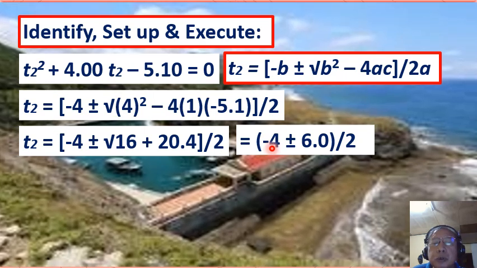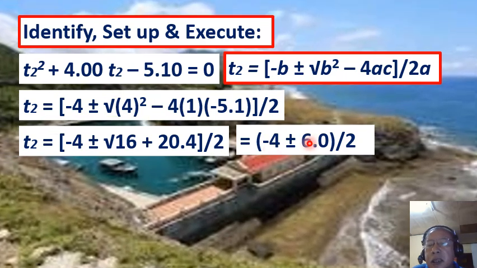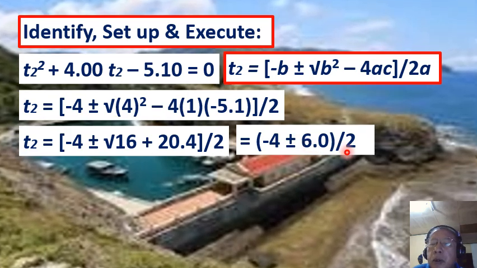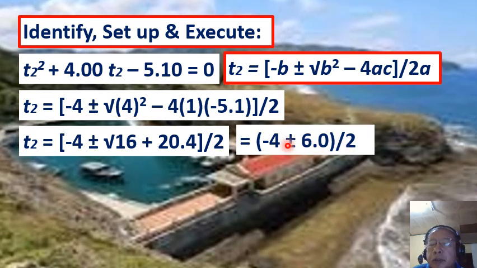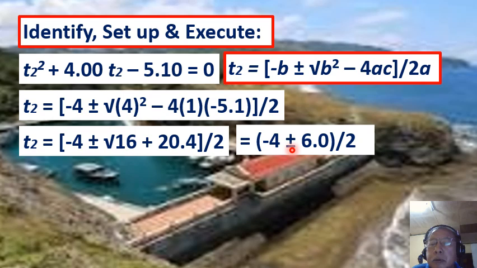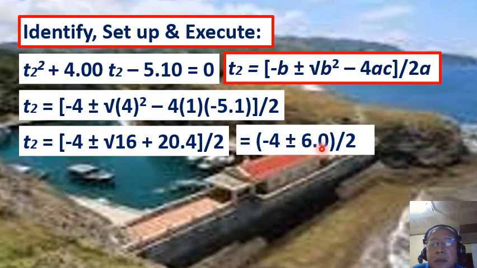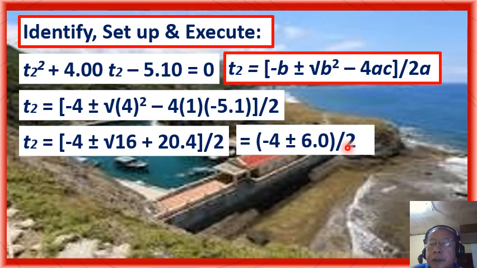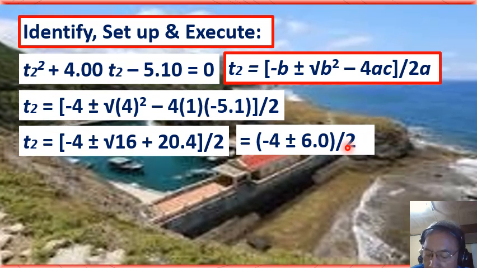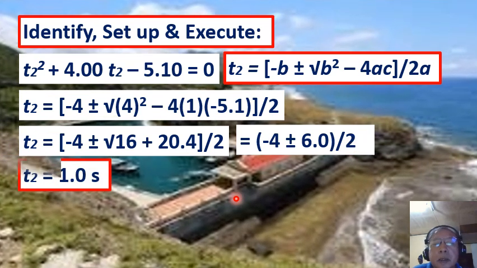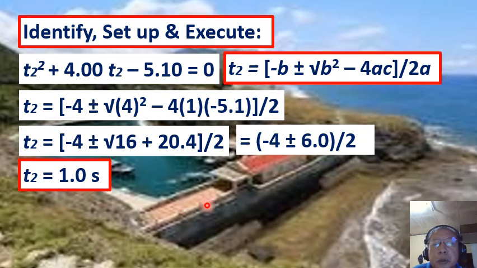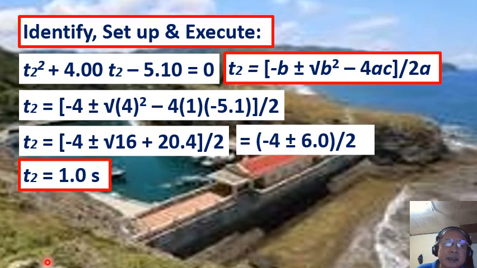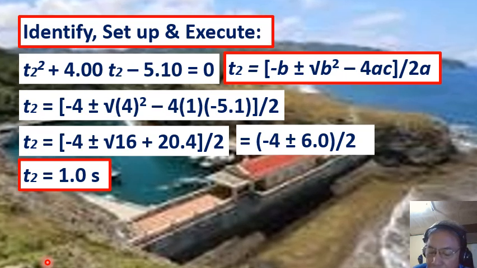So between the two roots, we take the negative 4 plus 6.0 divided by 2, because the other root will come out to be a negative value for t sub 2. That means our computed value for t sub 2 is equal to 1.0 seconds.